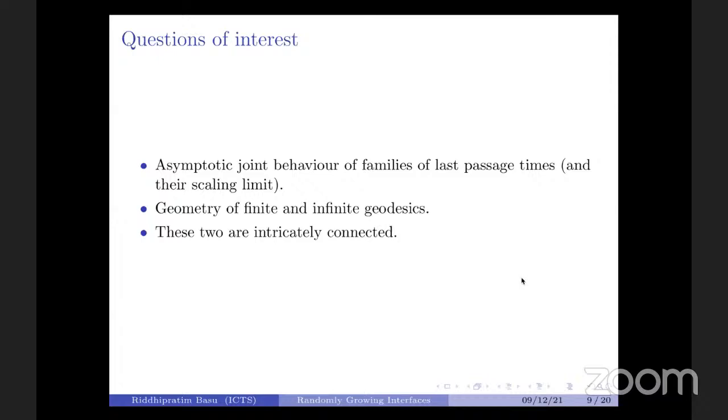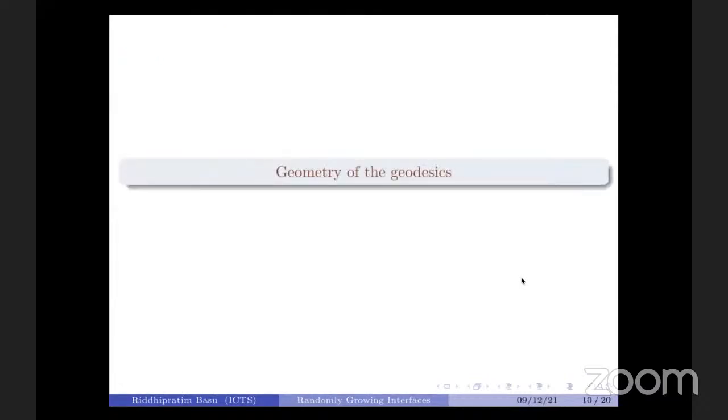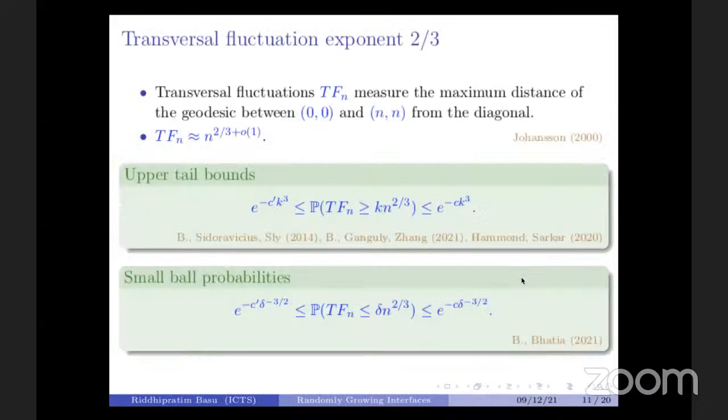So what I want to do in the 10 minutes that I have remaining is to tell you very briefly a few results that give you the flavor of these two types of studies. It's a vast literature, so I cannot even scratch the surface. I'll just mention a few results that I have been involved in over the last few years.